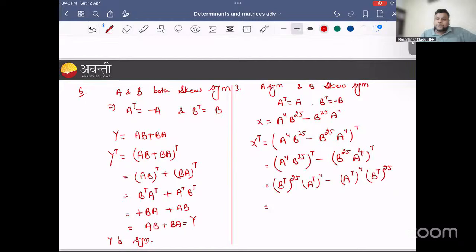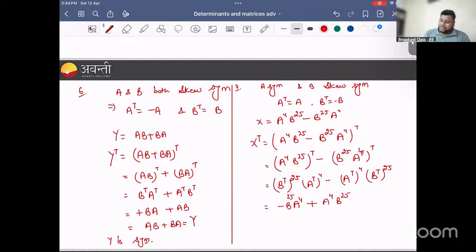Now B transpose is minus B, and since the power is odd, this minus will come out. So it will become minus of B^25 A^4, and it will become plus A^4 B^25.